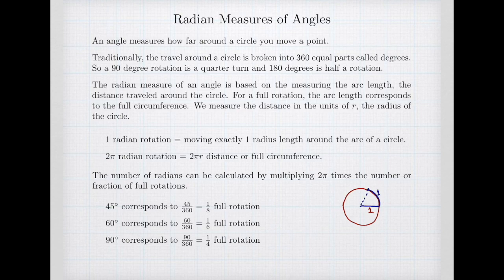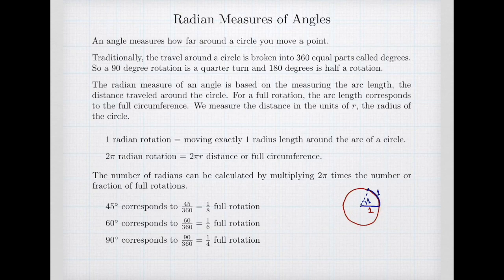Okay? And so this would be 1 radian as my angle. A 2 pi radian rotation means I go 2 pi radii around, and so that corresponds to a full circumference.